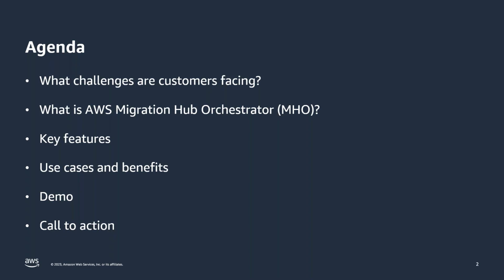Then we will deep dive into some of the key features, use cases, and of course, we will highlight the benefits. After that, I will hand it over to Phil. He will show you the demo. And in the last, we will have the call to action, Q&A, and of course, we will have several poll questions. All right, let's get started.